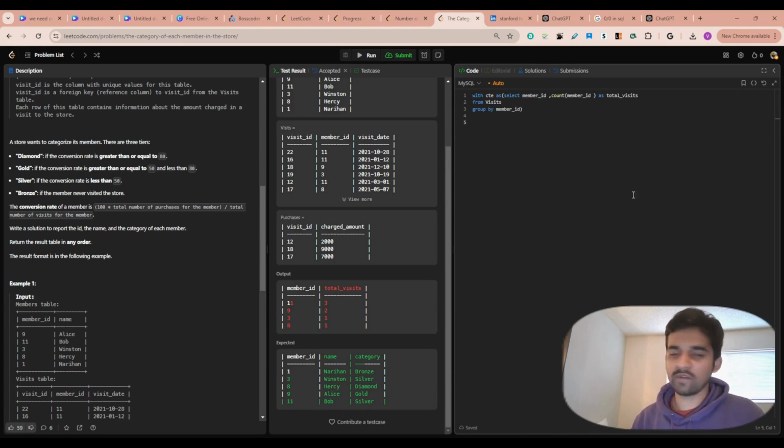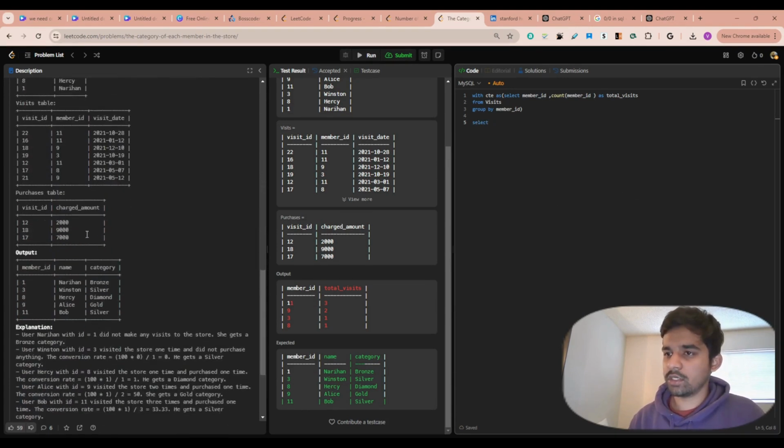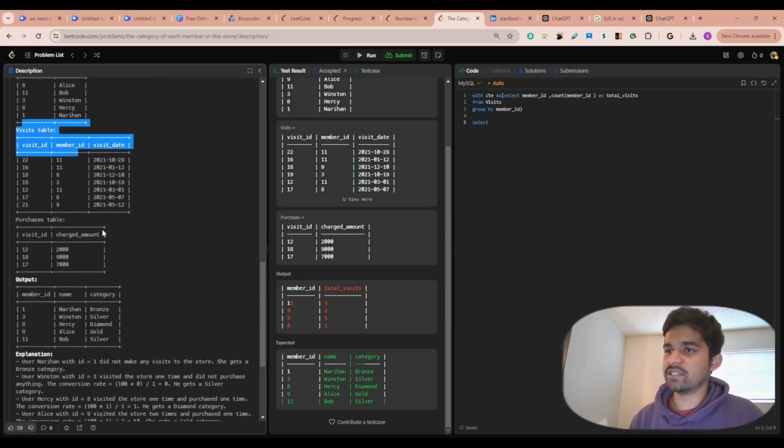Now the next step is, of course, I would left join the visits table with the purchase table based on the foreign key, that is visit ID, and I would be grouping it based on the member ID.